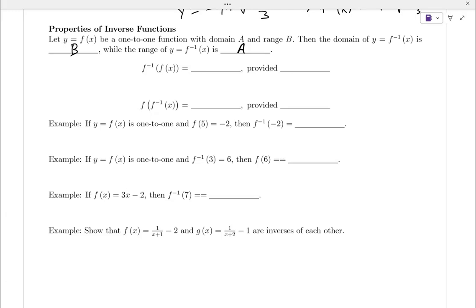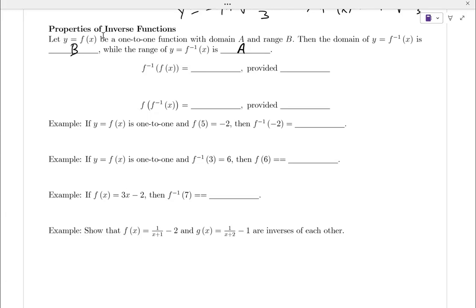So what that means is if I square something and then square root it, that should cancel each other out. I get back to where I started, right? That's what that means, right? If I cube something, I would need to cube root it to get back where I started, right? So what these properties here say, if I do the function and then undo the function, where should I end up?